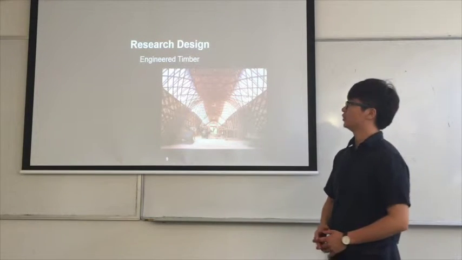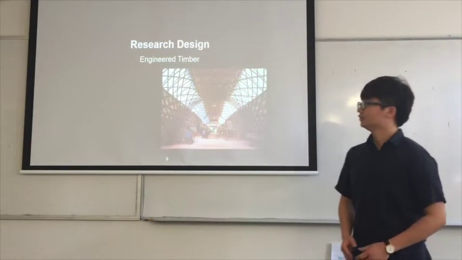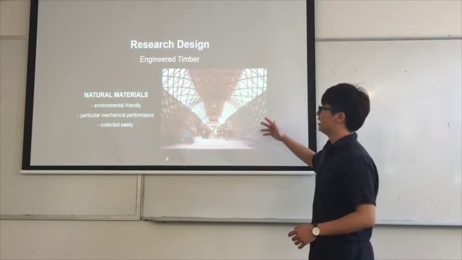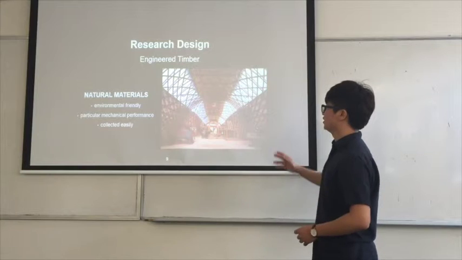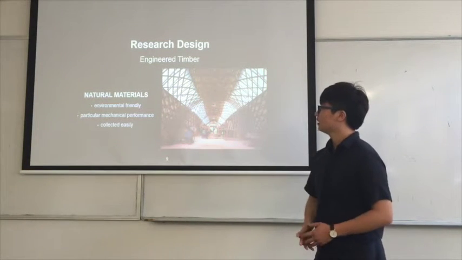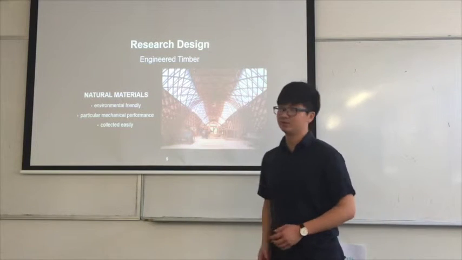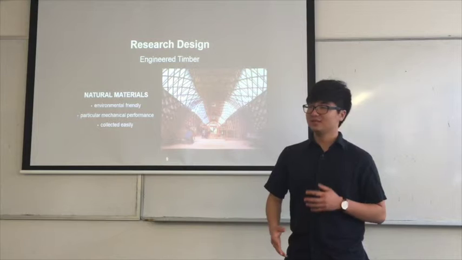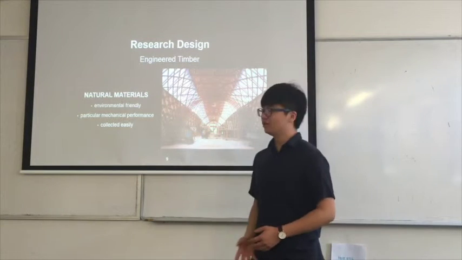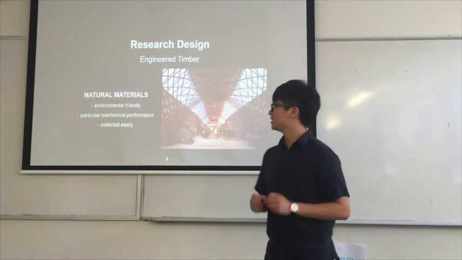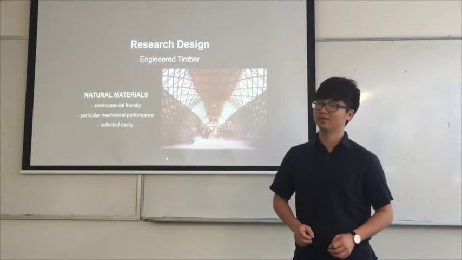Finally, we have engineered timber. As we can see in this picture, timber is wood. We can use timber to build the shape we want in the construction. As a natural material, timber has the advantage of being environmentally friendly, and it has particular mechanical performance.